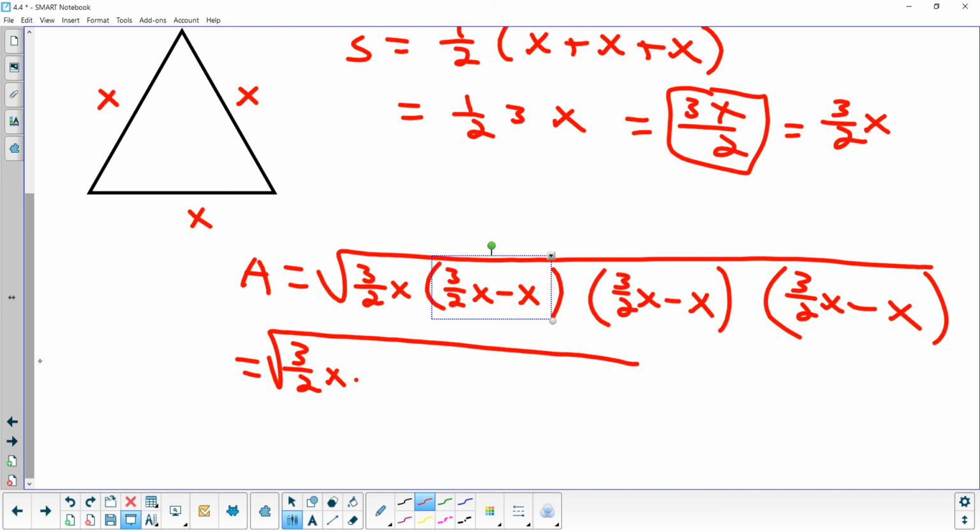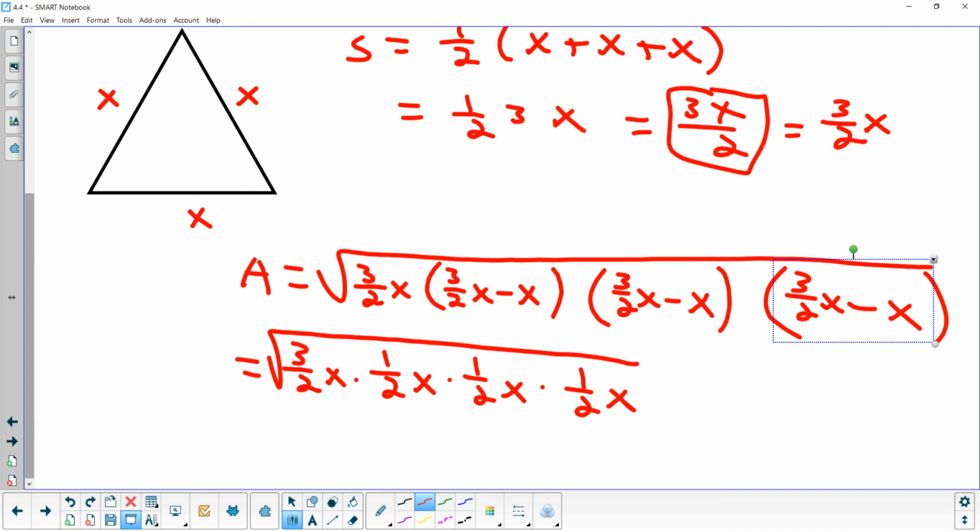What would you have left for x's? Yeah, 0.5x here, 0.5x here, 0.5x here. All the same. Is 0.5 the same as 1/2 then? Yeah. Okay, I'm just going to write it that way. So, 0.5x, another 0.5x, and another 0.5x.